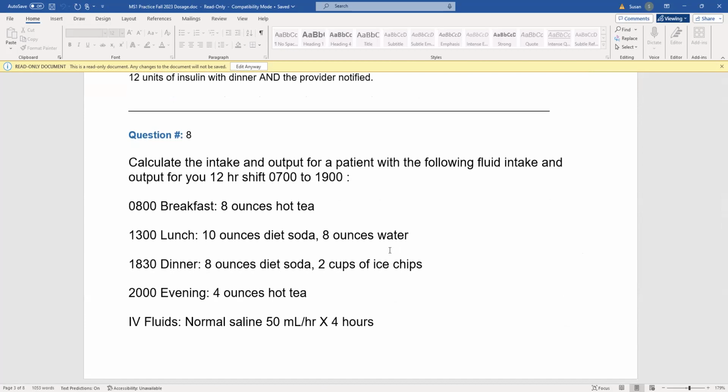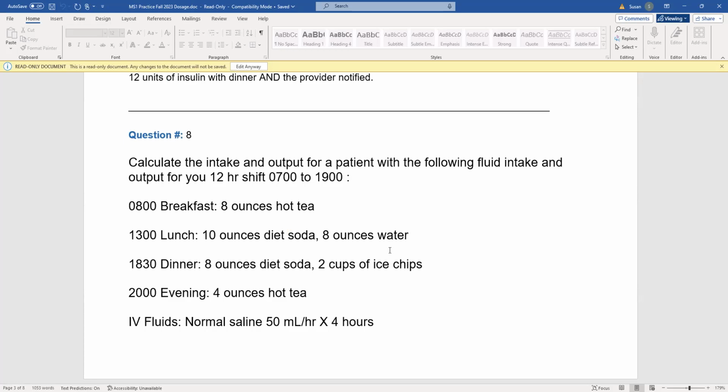This is I&O, so one thing you have to know here is that your ice chips is equal to half. So if you have 2 cups, you're only going to calculate 1 cup. Also, I think I made a mistake on one of the questions because I wrote a 12-hour shift from 7 to 7, but I had something come in that was at a wrong time that was past that.